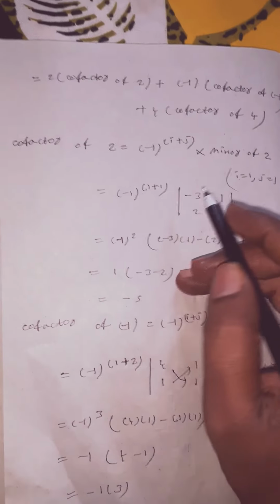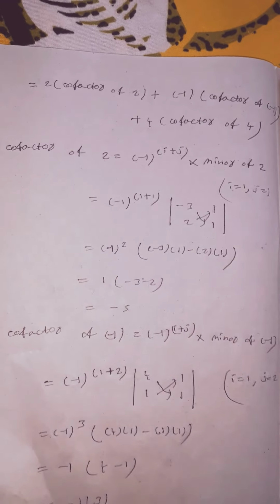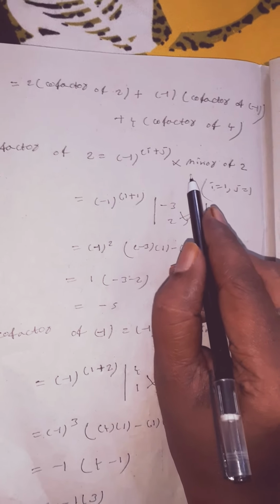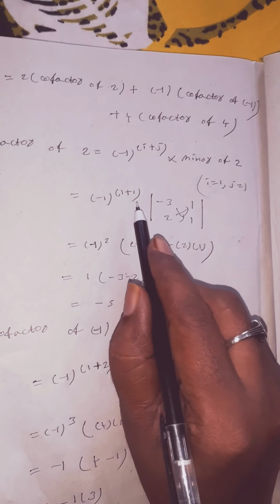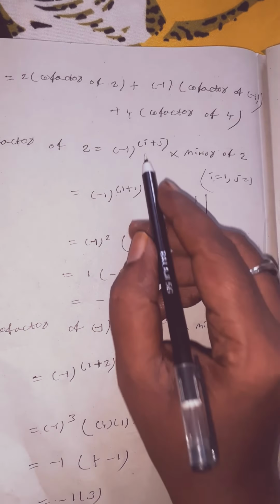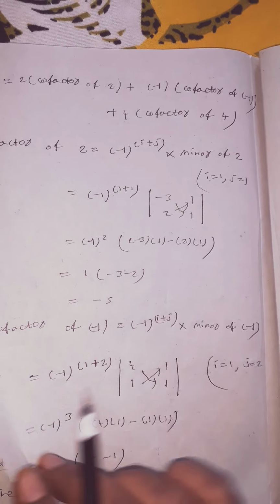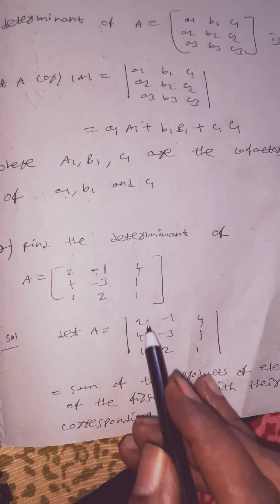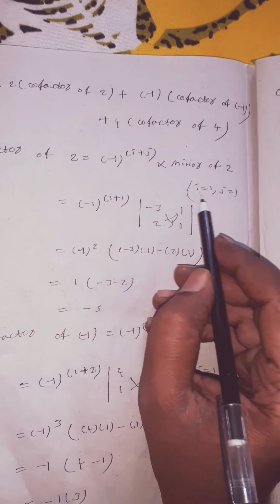So cofactor of 2 is equal to minus 1 power i plus j into minor of 2. Here 2 is in the first row and first element, so i equal to 1, j equal to 1.